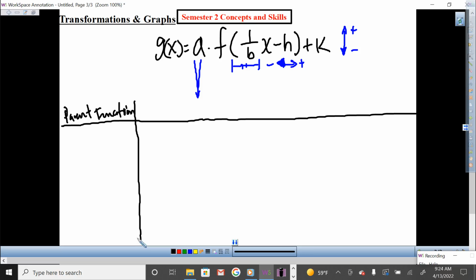What is the first parent function? Let's see. Andres, pass someone. Hector, first parent function. Yes, f of x equals x, which is a linear.